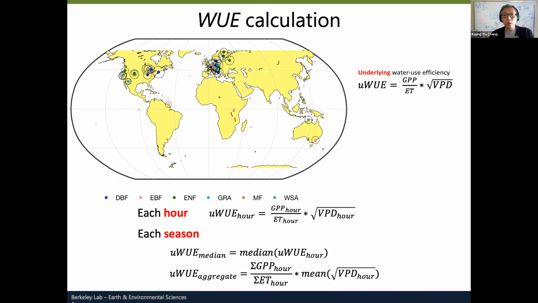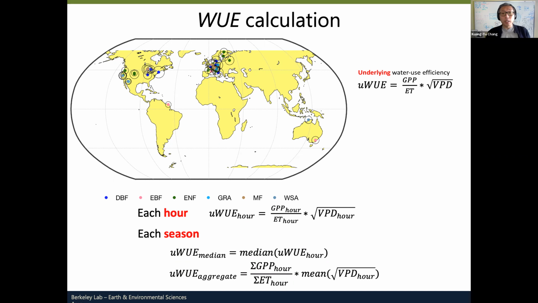And in the second approach, we calculate the seasonal GPP, ET, and VPD first, and then take their ratio to represent the seasonal water use efficiency, denoted as the UWUE aggregate here, which is the method commonly used in water use efficiency studies.